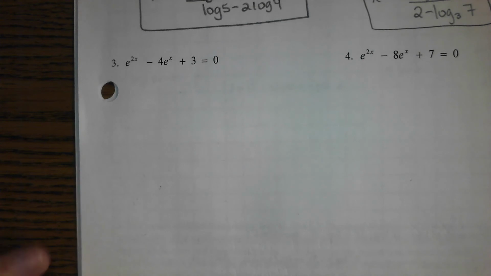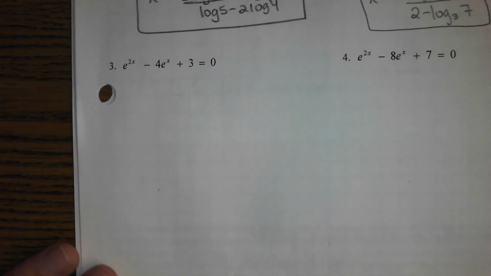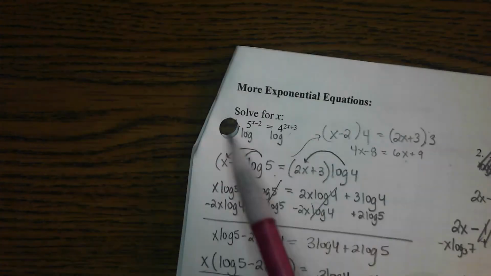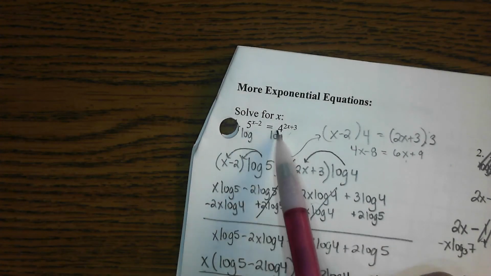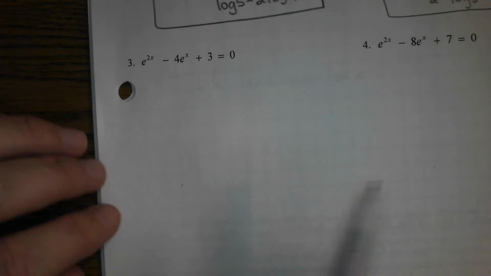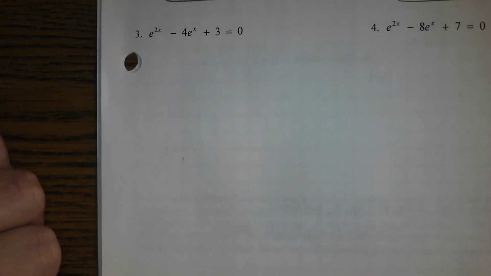All right, 3 and 4 look totally different. Agreed? There's not really a way to get a single exponential term on the left and a single exponential term on the right like the other two already had. What more do you see when you look at that?